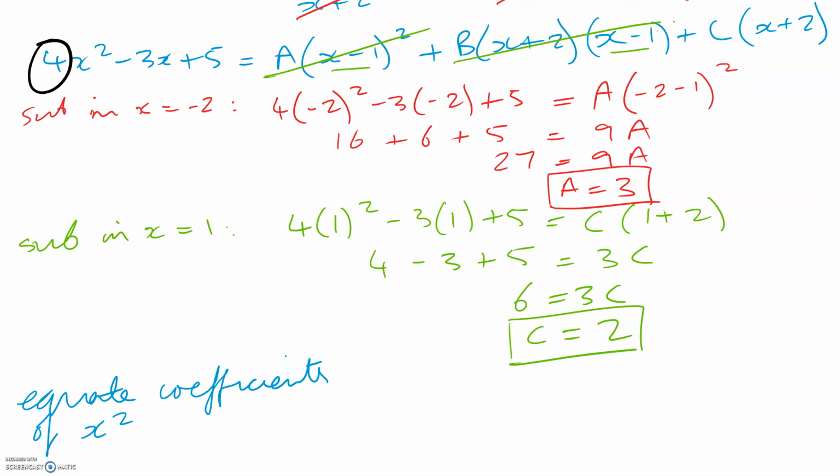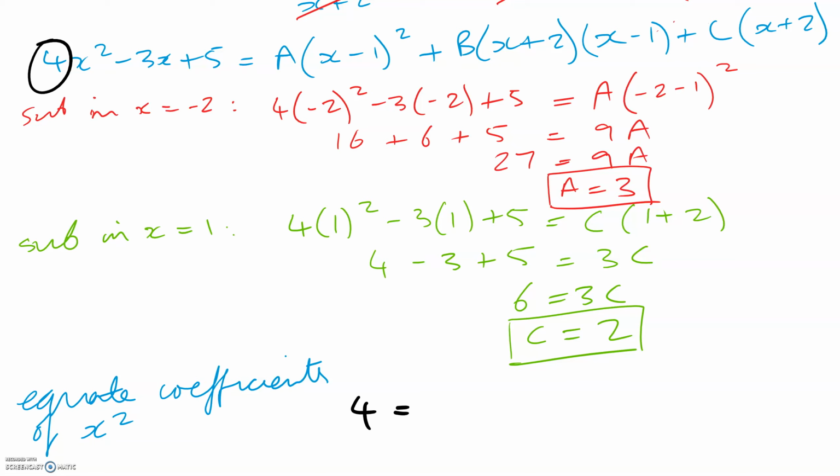And the coefficient of x squared on the right hand side, in other words, what's going to give you an x squared over here?